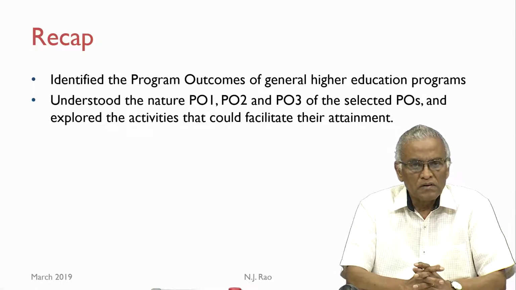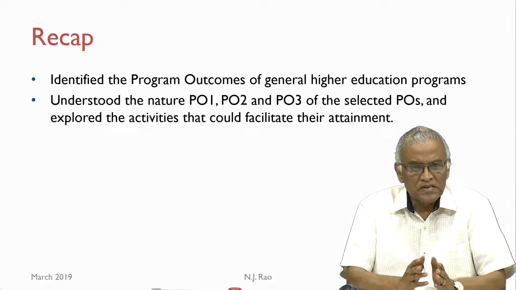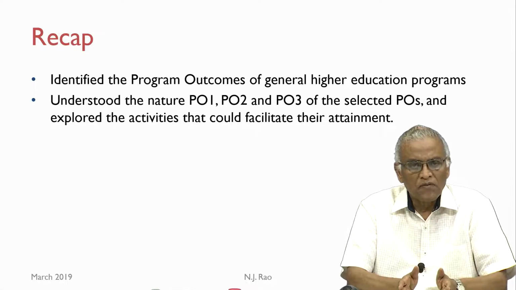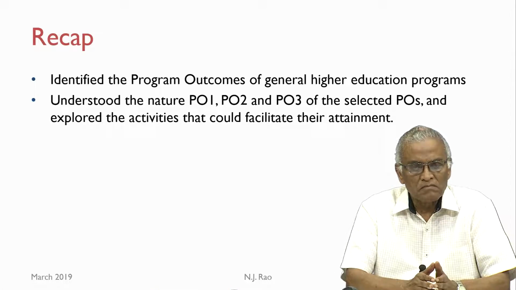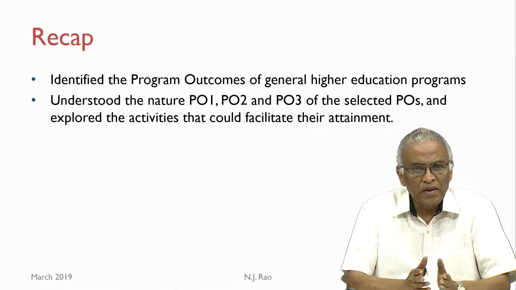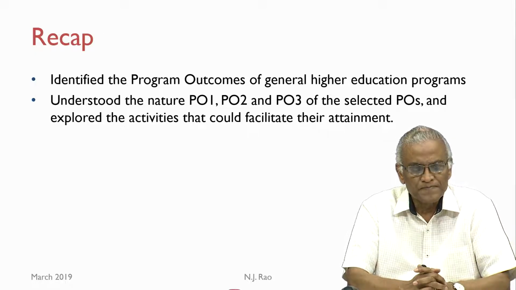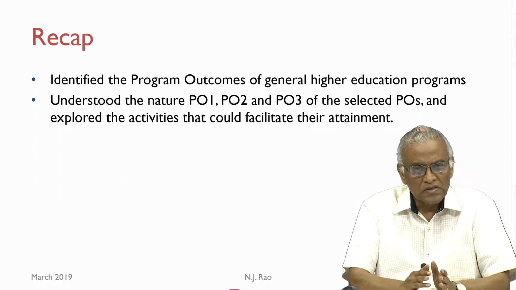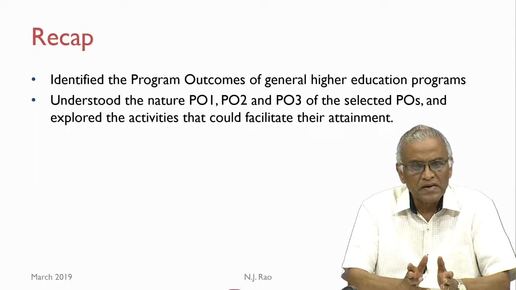And also, out of the 12 suggested possible outcomes, we propose that initially institutions should aim at attaining 7 program outcomes, because the experience in designing curricula in a top down manner from program outcomes and program specific outcomes is relatively new.